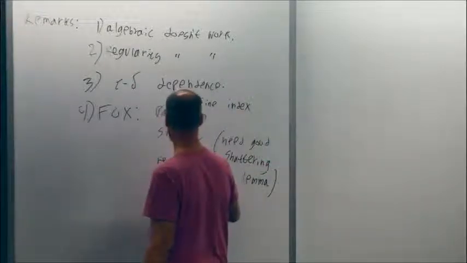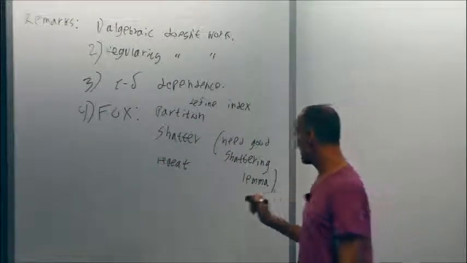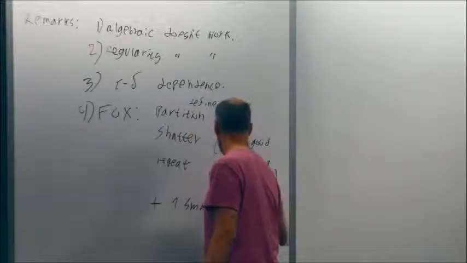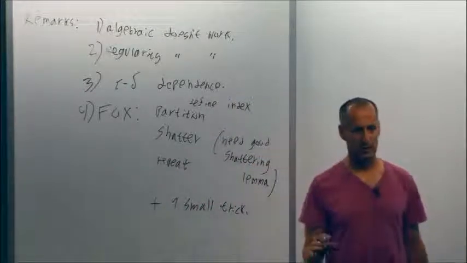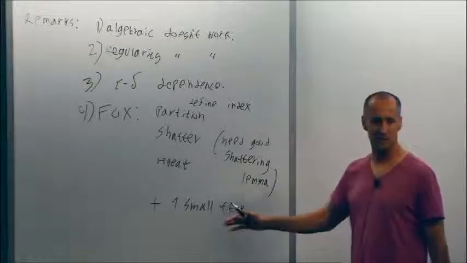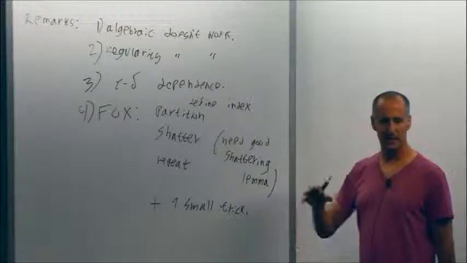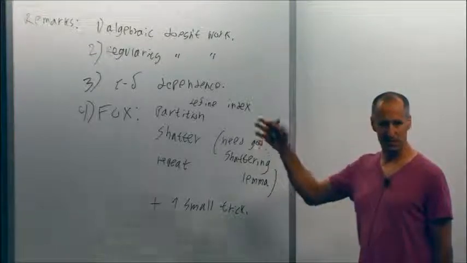Now, there's something that Oded and I don't completely understand yet, plus one small trick that without using, we don't know how to get the... The small trick is beginning with the maximal matching in our case, or in his case, beginning with a maximal disjoint set of triangles.